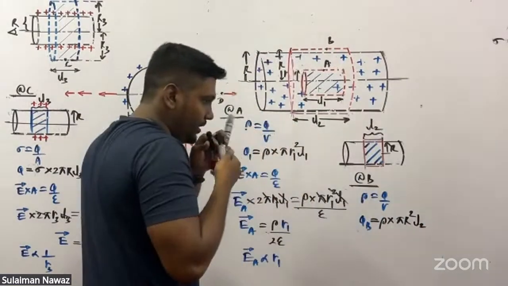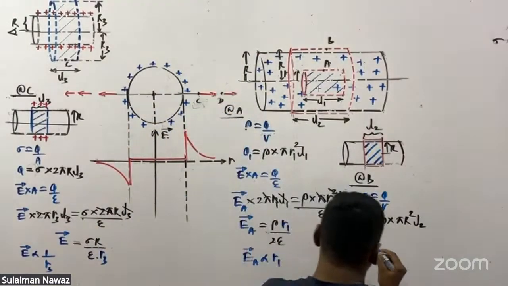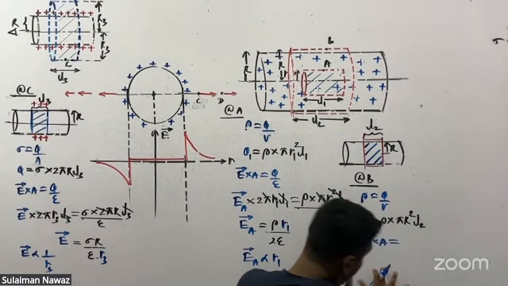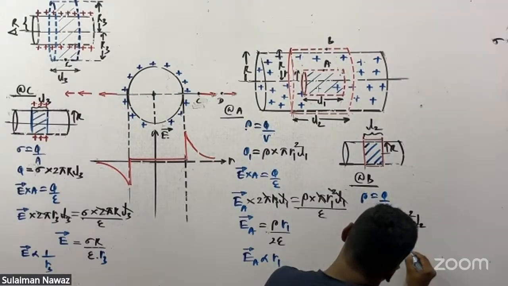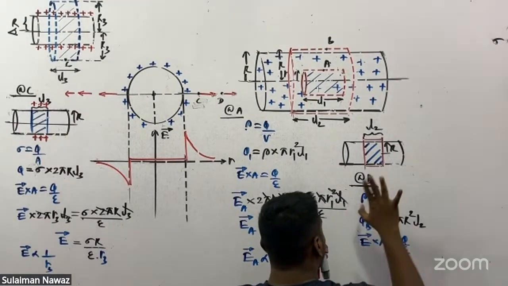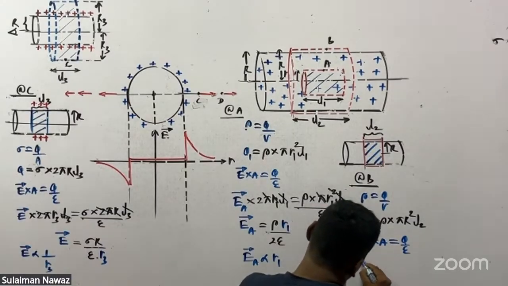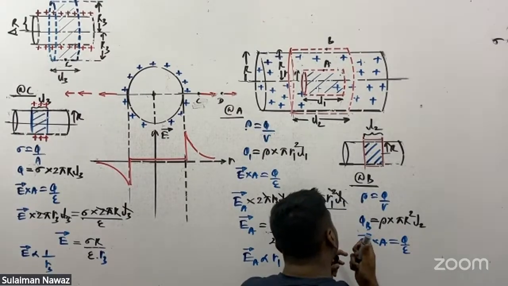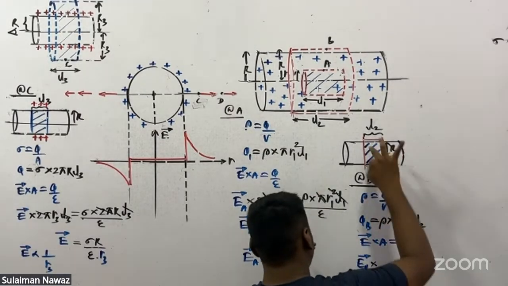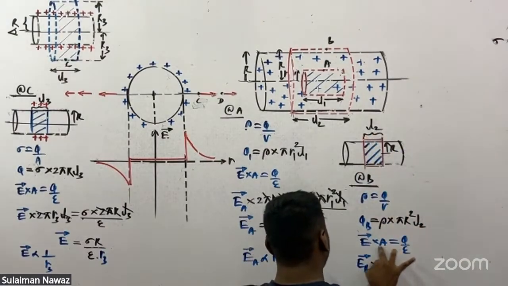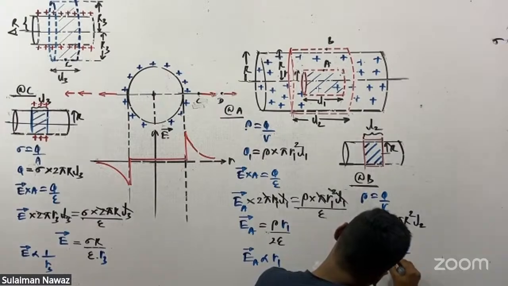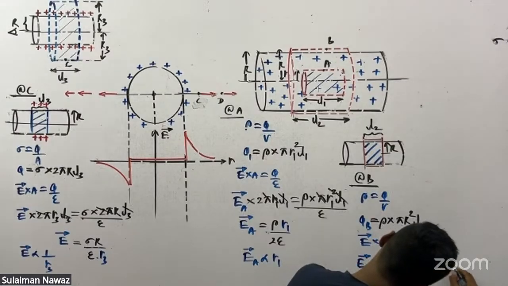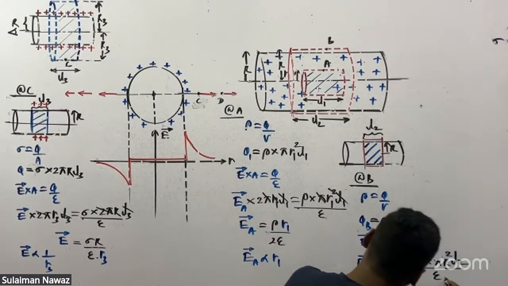Now you can apply the equation. Intensity into area must be equal to capital Q over epsilon. Intensity at point capital B, EB, into the total Gaussian red color area, 2 pi capital R L2, must be equal to rho into pi capital R squared L2 over epsilon.